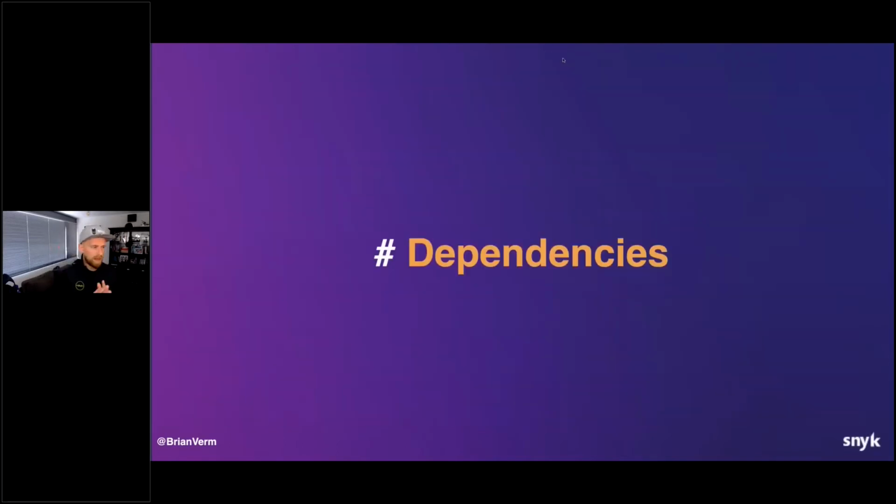Next one, dependencies. Because a lot of stuff that we hold, well, we use a lot of dependencies, right? I mean, can you imagine the last time you wrote a full-blown enterprise-level application without any dependencies?